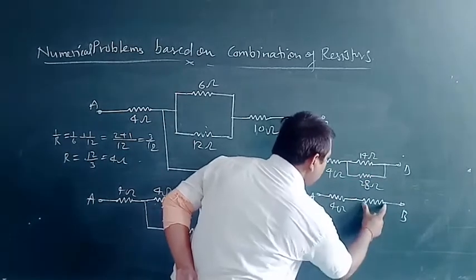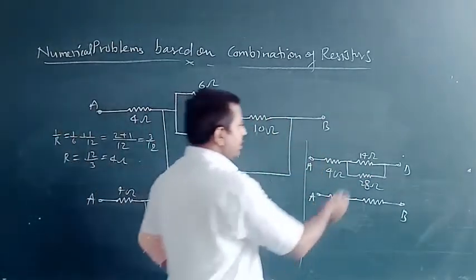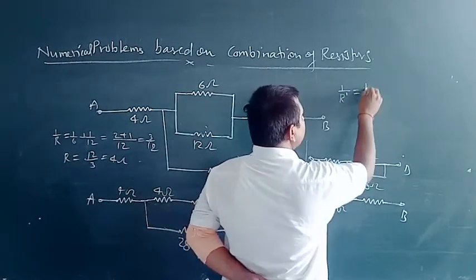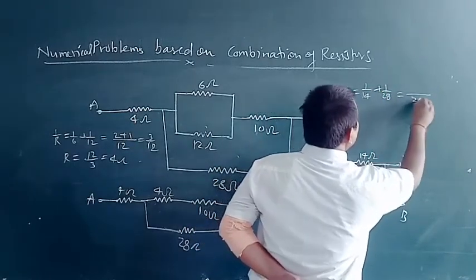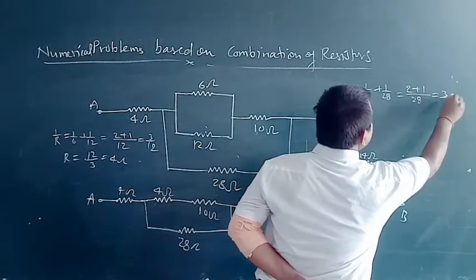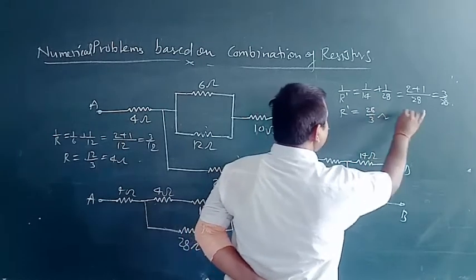If we replace these two resistors by a single resistor, we again get a simplified circuit like this. The value of this resistor, call it R dash, is given by 1 upon R dash equal to 1 upon 14 plus 1 upon 28, that is 2 plus 1 over 28, it means 3 by 28, so R dash is 28 by 3 ohm.